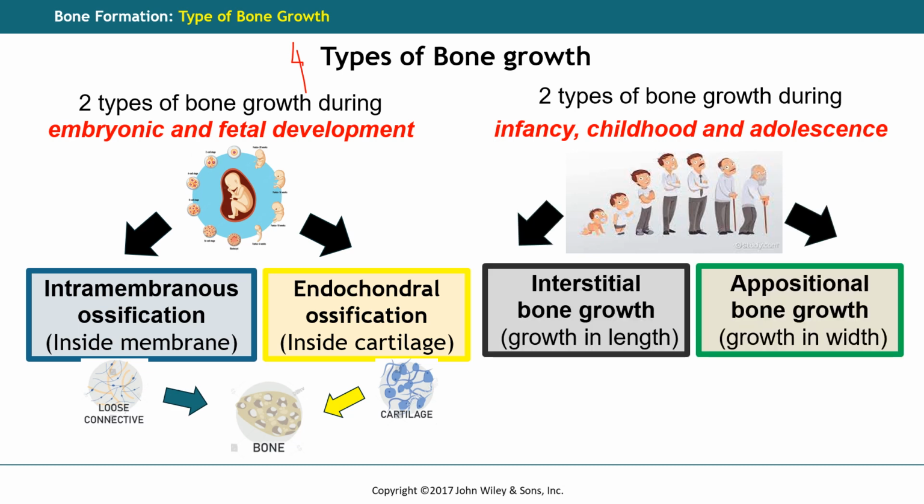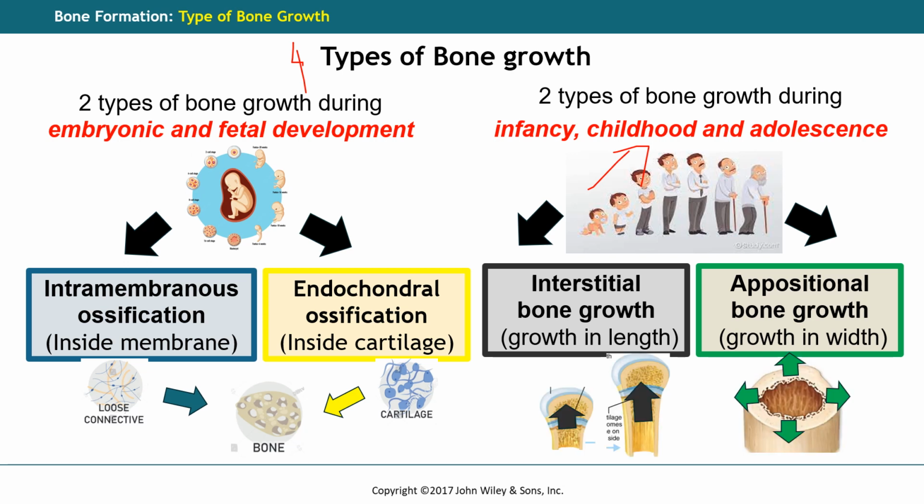And I also told you about how we're able to grow. To do that, the bones have to change. And so bones can grow in length. And I told you that we have this epiphyseal plate that is going to allow the bones to grow in length. And I also told you about this appositional growth that allows the bones to grow in width.